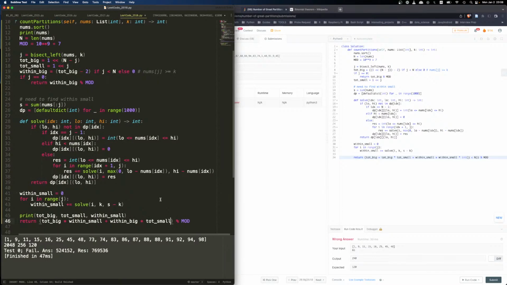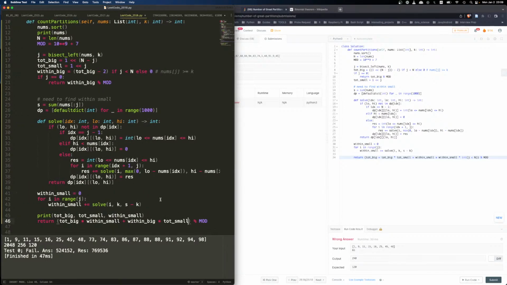Oh, nope. Because within small, I can factor with any one of the big, right? And then within big, I can factor with any of the small. And then we have overlap.